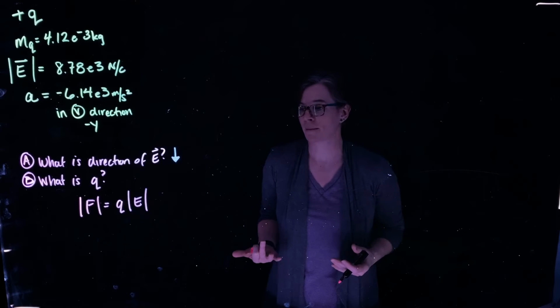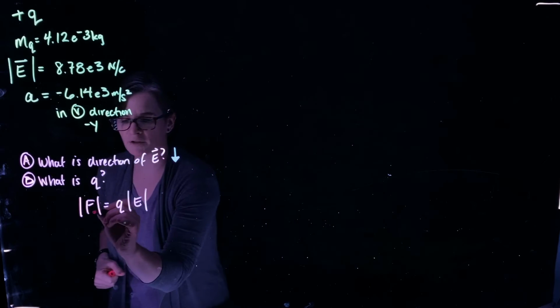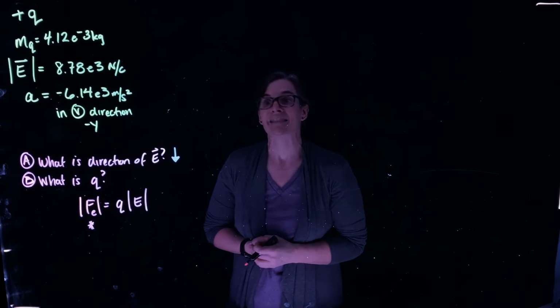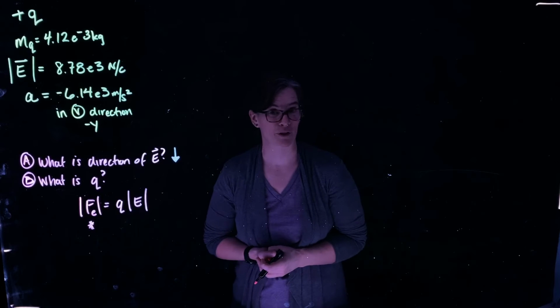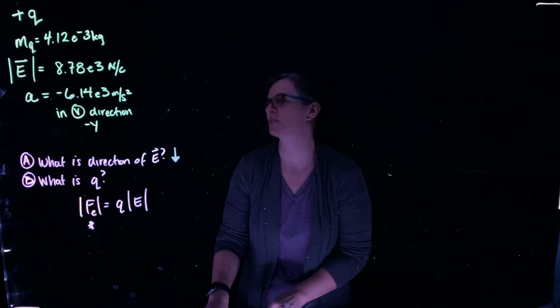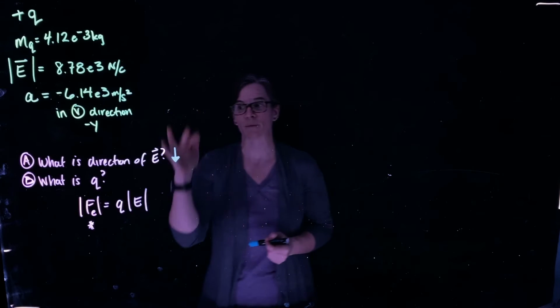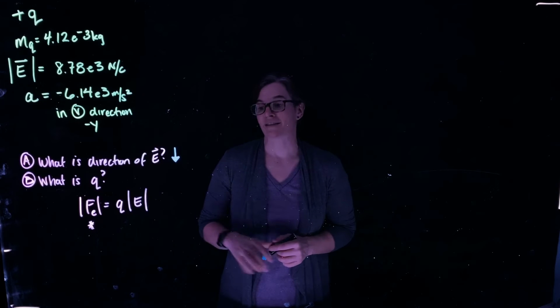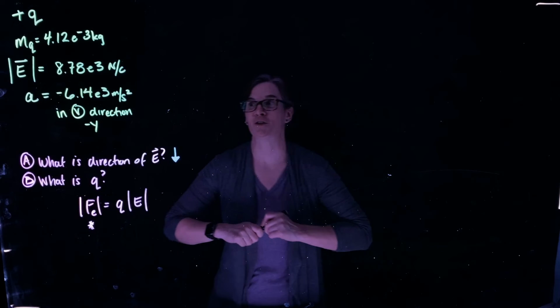I'm given that in the problem. So if I were able to determine the magnitude of the electric force, then I could determine my value for Q. So to do that, we're going to do an explicit force analysis. We're going to actually look at the forces now that we know the directions of the two forces. I'm going to do a force analysis to determine the value of Q.